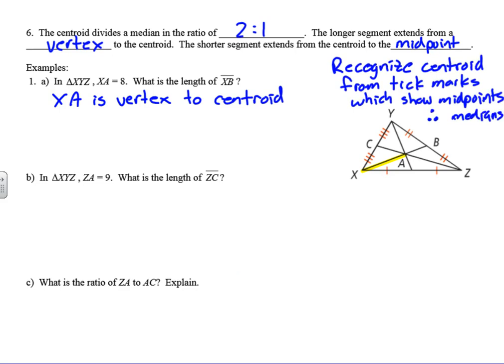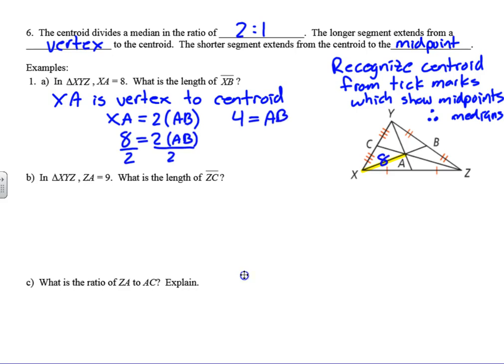Okay, so here's the relationship. XA equals twice the length of AB. So XA, which is 8, equals 2 times AB. So if we divide by 2, 4 equals the length of AB.